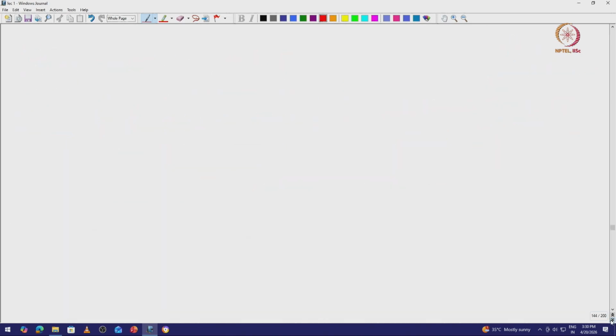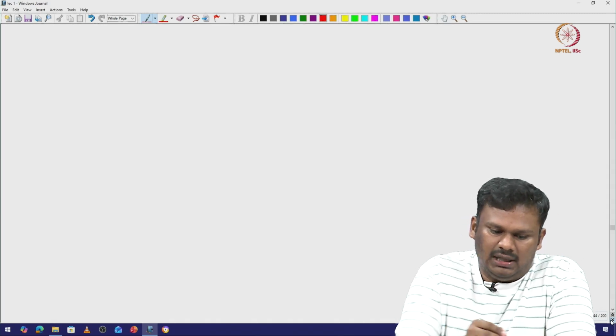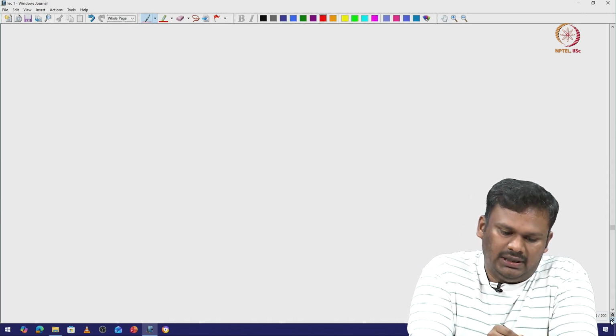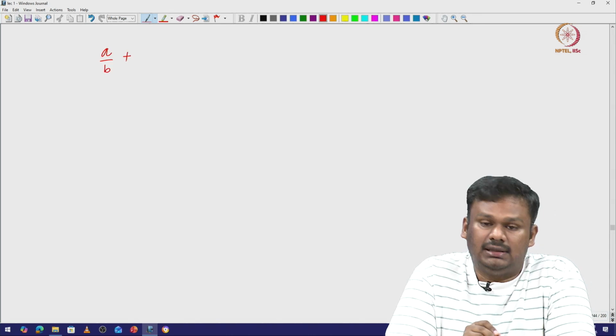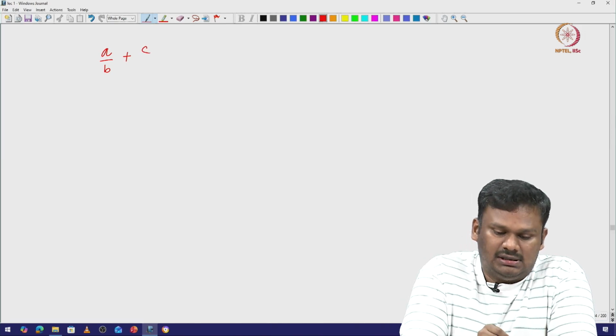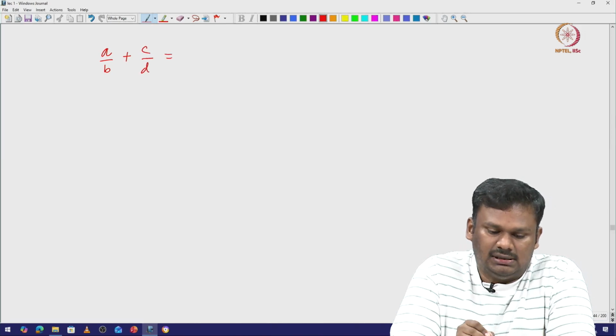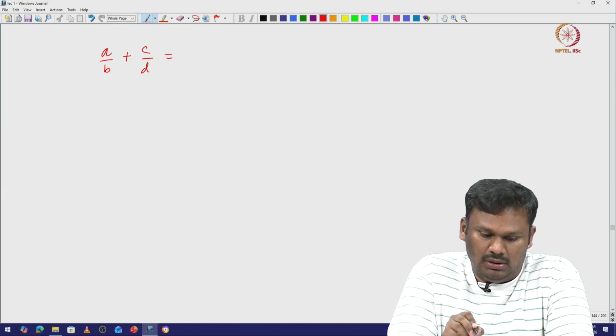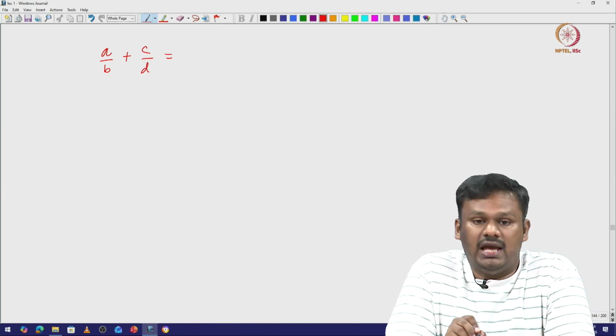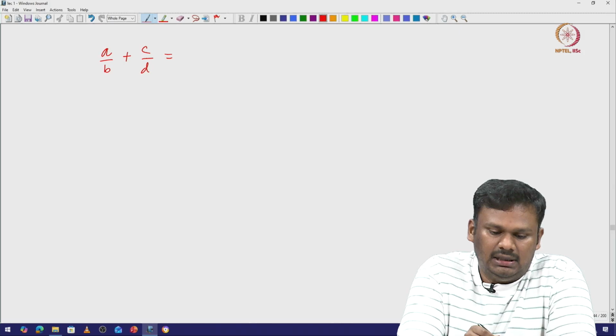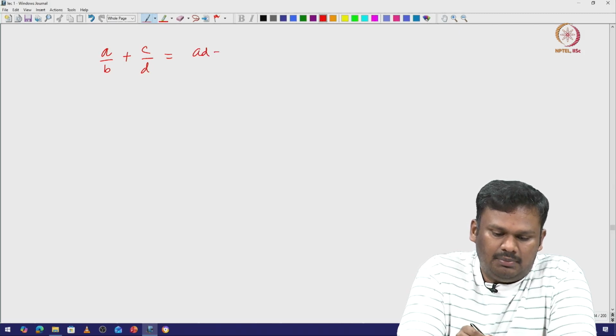So, first, to start with the definition of addition. If you recall, we want to interpret the tuple A comma B as A by B. Then A by B plus C by D, we know how to add using the usual rule on rational numbers: it is given by AD plus BC divided by BD.